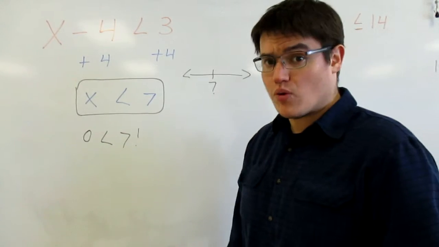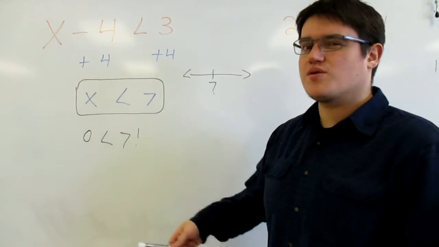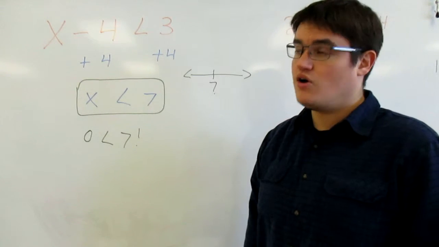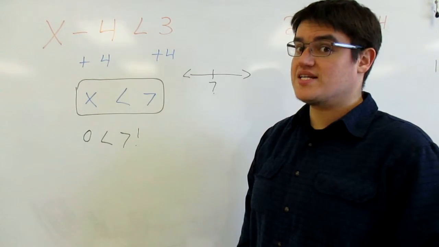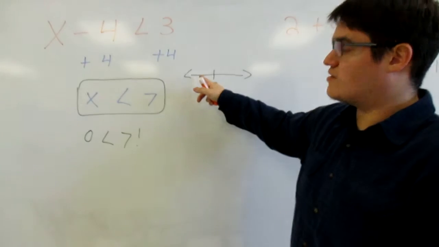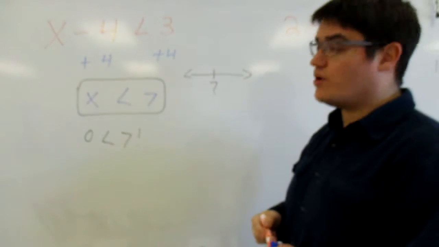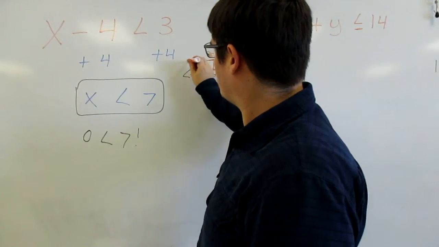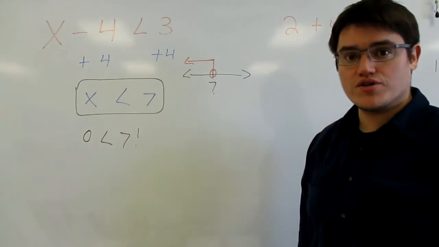And I just look at you like, what? Okay, let's use some logic. We're looking for the numbers that are less than 7. Well, what numbers are less than 7? 6, 5, 4, 3. The numbers that are that way. So I'm going to go and get those numbers.